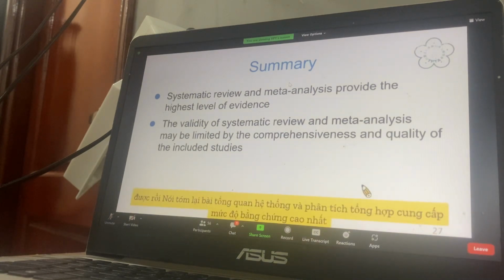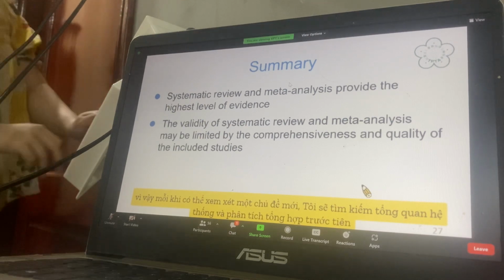Okay, in summary, systematic review and meta-analysis can provide the highest level of evidence. So whenever possible, when I'm looking into a new topic, I would search for systematic review and meta-analysis first.